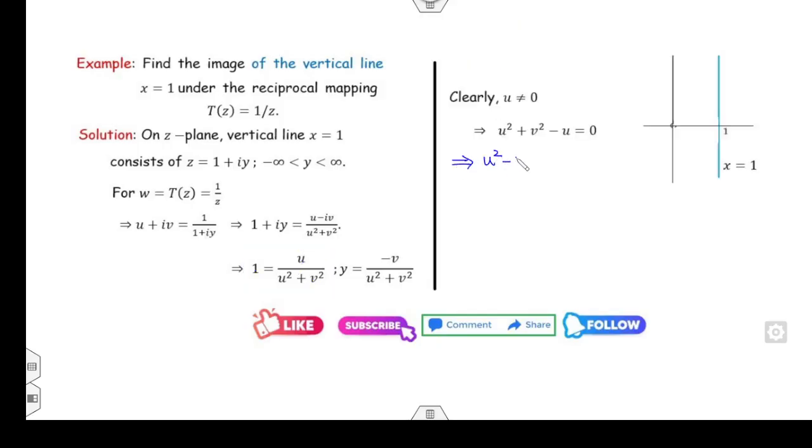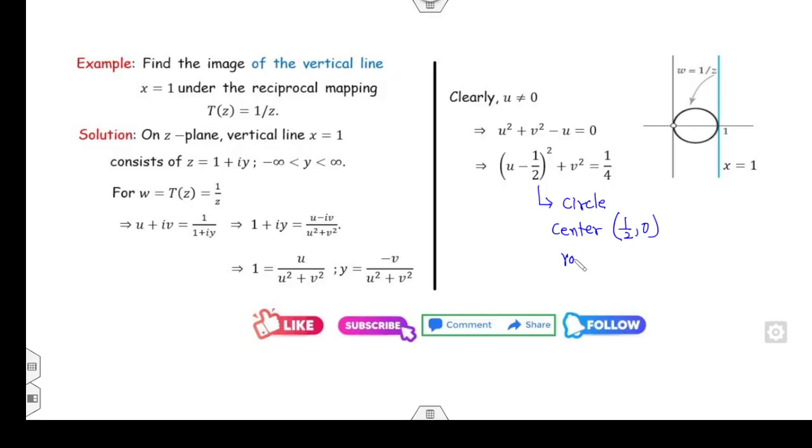How can you solve it? I can add 1 over 4 on both sides. The left-hand side becomes u minus half whole square plus v square equals 1 over 4. This is the equation of a circle. The center is half comma 0 and the radius is half.